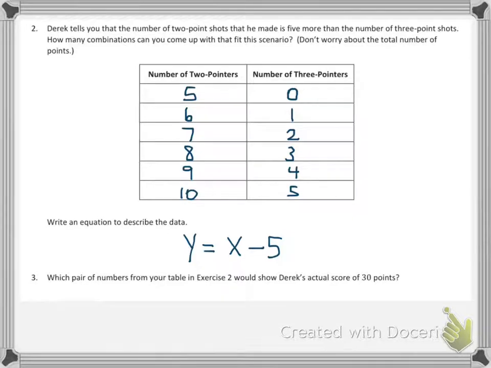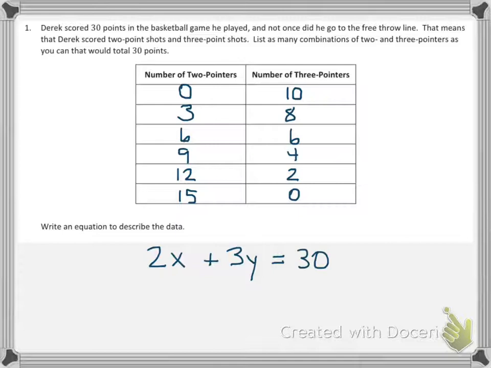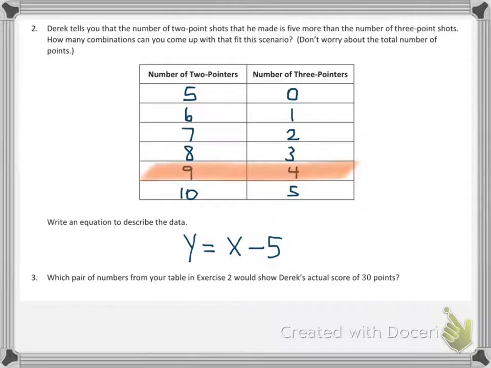So now we have 2 different equations, and if we look back at the tables, we can see a pair of numbers from this table that also shows in the first table. I've got 9 2-pointers and 4 3-pointers, and if we go back a second, we can see that same pair of numbers on the first table. So 9 2-pointers and 4 3-pointers satisfies both equations.